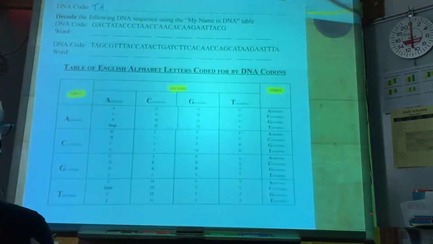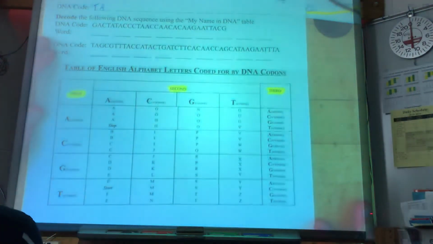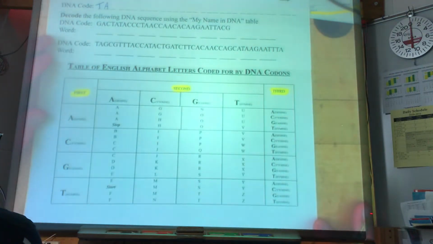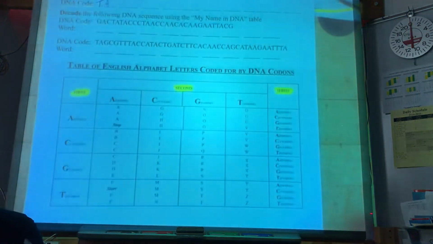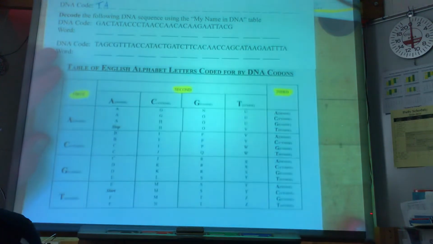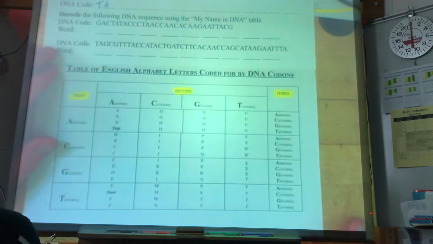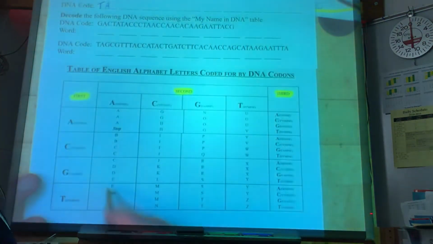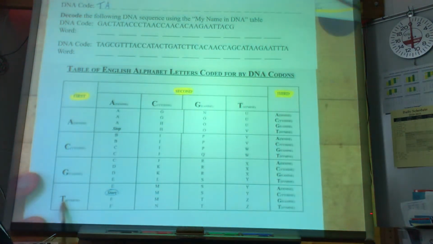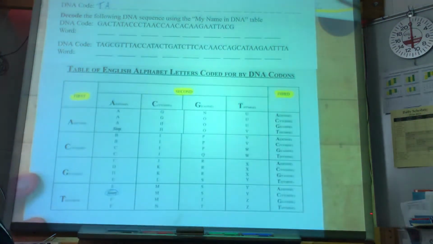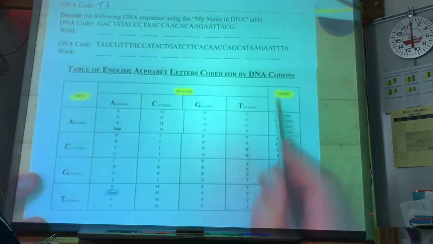So we got TA. Again, here's our start. First we looked here, and we got a T. Second, we've got an A. Third, you've got to pay attention to what row you're in. Now I'm going to come over to this column.